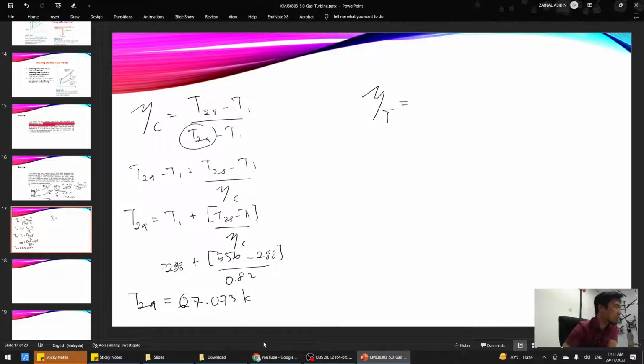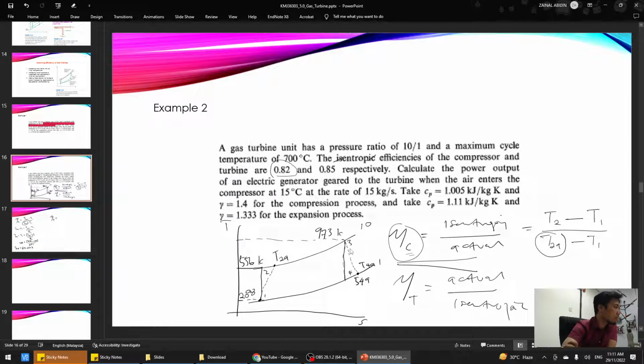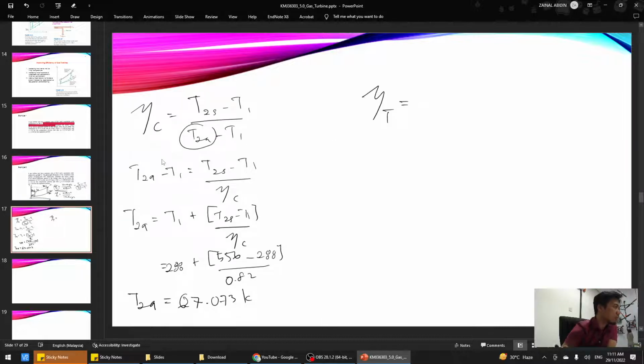Sama juga, you tengok balik you punya graph di sini, actual di atas. So T3 minus T4A, kemudian T3 minus T4S.